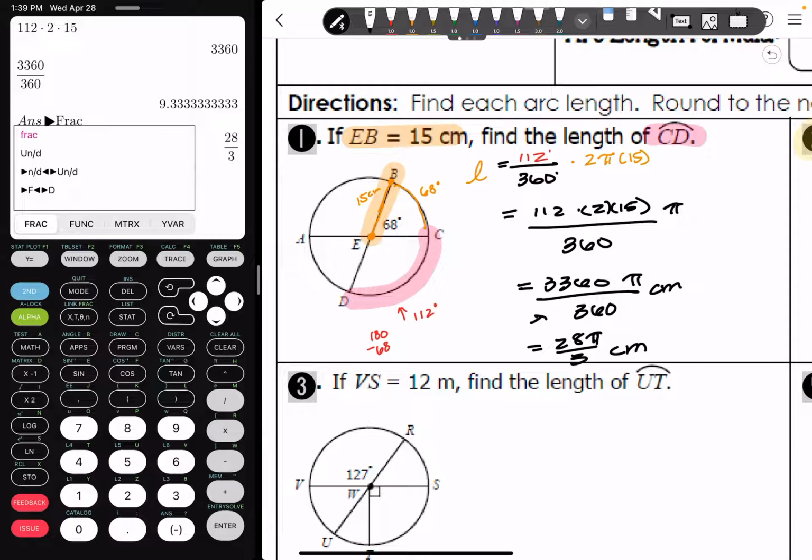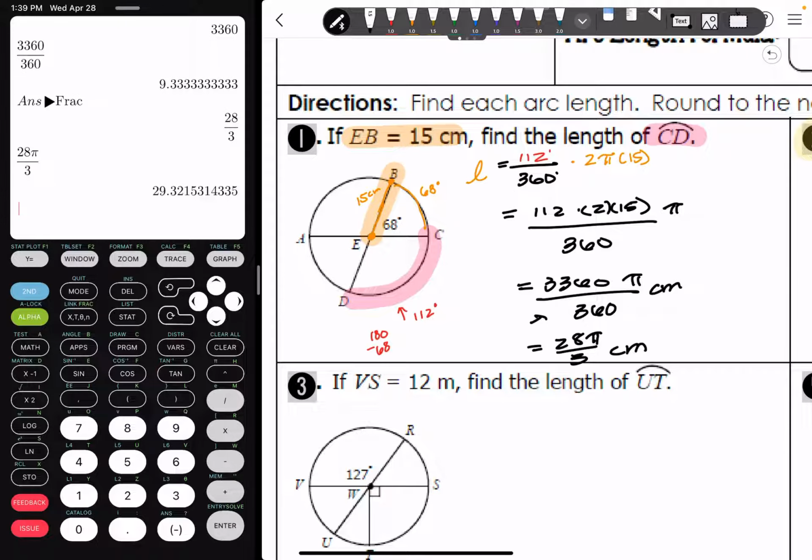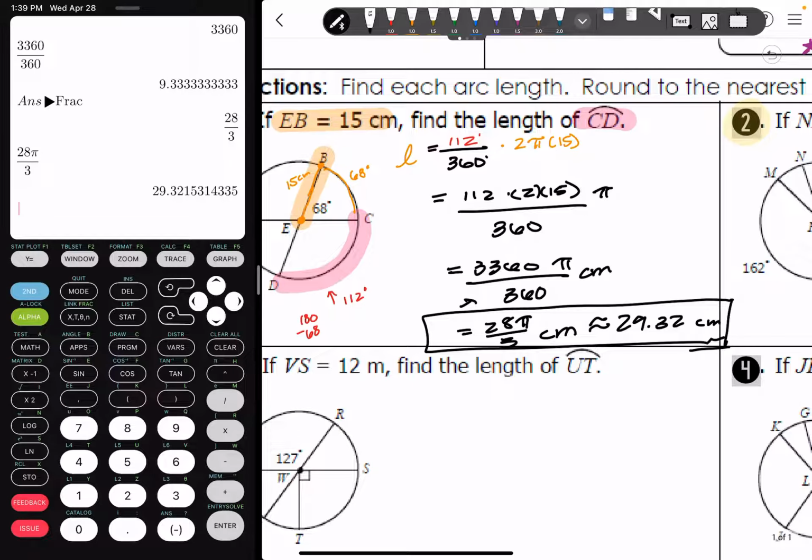So I'm going to do alpha y equals, enter, set it up as a fraction, 28 pi, and that's second, and then the caret button so that I could get that pi, type it in, and I'm asking you to round to the nearest hundredth because it just gives it closer to more exact than not, and that's approximately 29.32 centimeters. And these, either one would be the answer depending upon what I ask you. So make sure you're using the pi button right there, second caret.